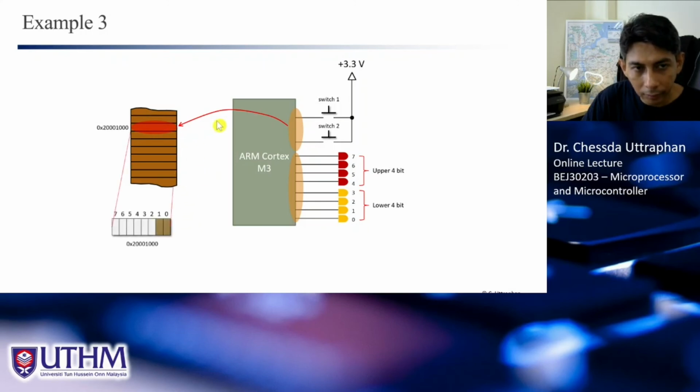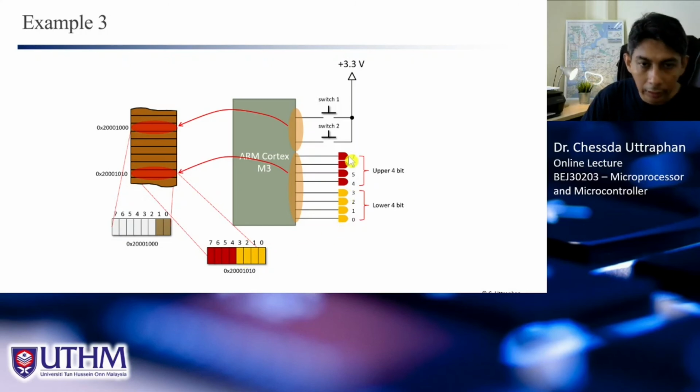And the condition of the switch, whether pressed or not pressed, is represented by these 2 bits in the memory location 20001000 here. And the LEDs are connected to this 1010 in the memory. And bits number 0, 1, 2, 3 are connected to this, and this is bits number 4, 5, 6 in the memory.